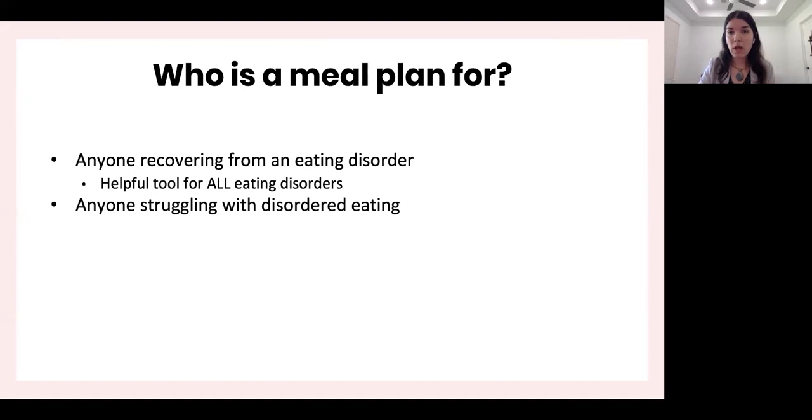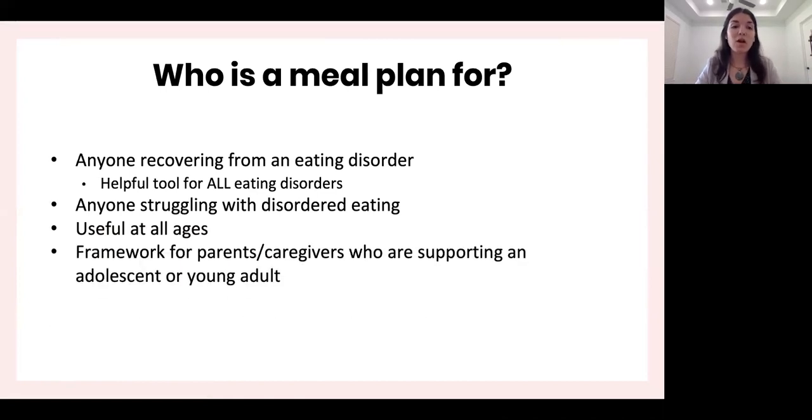It can also be for anyone struggling with any disordered eating or who's been stuck on yo-yo dieting. It's useful at all ages. Doesn't matter what age you are. And it can provide a framework if we are working with adolescents or young adults and the parents are involved.